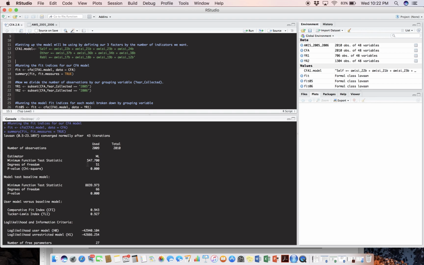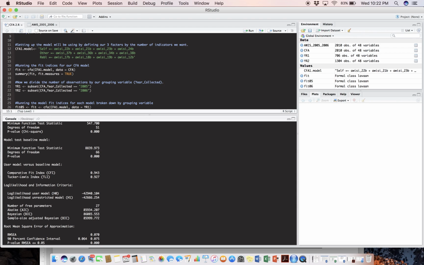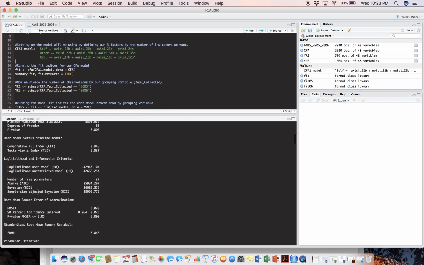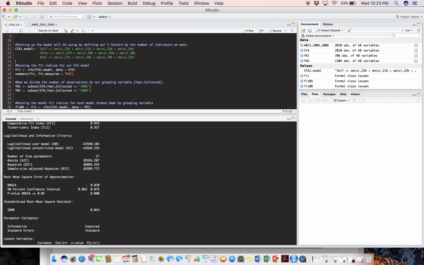Ideally, in terms of model fit, we want to take a look at our chi-squared, our degrees of freedom, and of course our significance value. But we also want to take a look at our comparative fit index, our RMSEA, and our SRMR. These are different indices of fit.